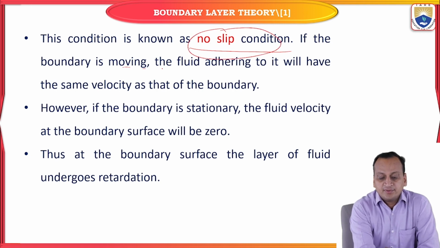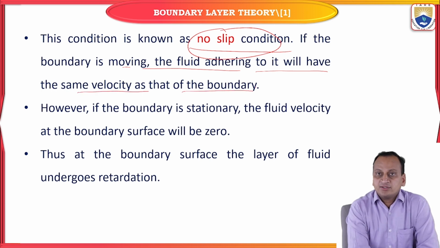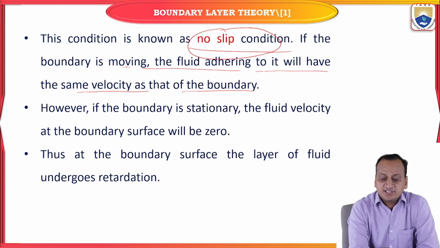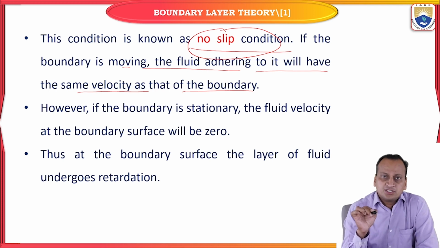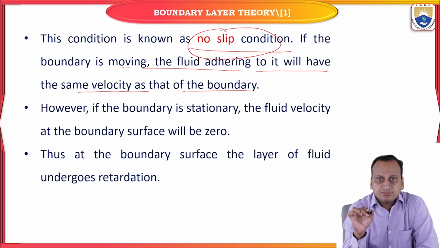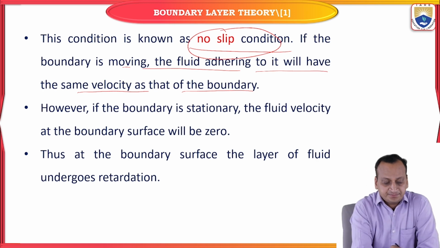If the boundary is moving, the fluid adhering to it will have the same velocity as that of the boundary. If it is stationary, then the first layer sticking onto the solid body also attains zero velocity. But whenever the solid body is moving, it attains the same velocity as the body.